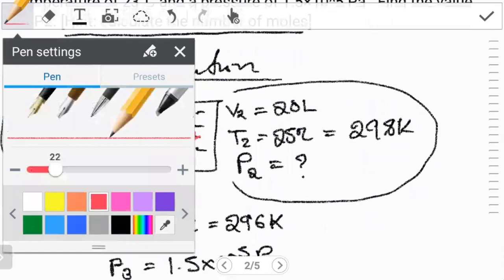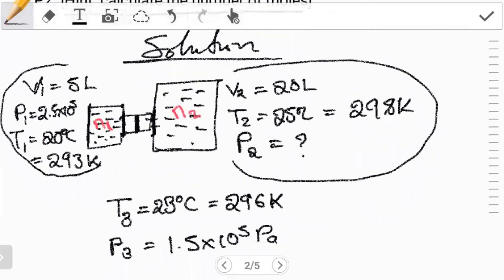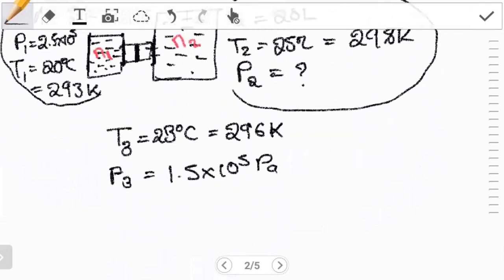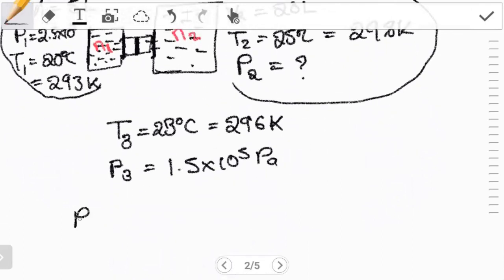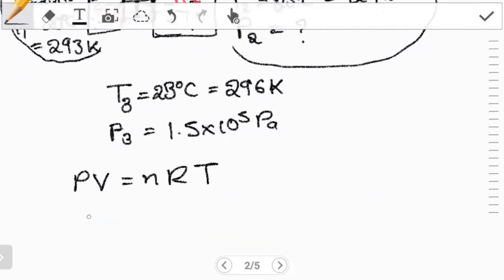How does that work? Well, if we use the ideal gas equation where we have PV is equal to nRT, we notice that we can easily say n is equal to PV divided by RT.